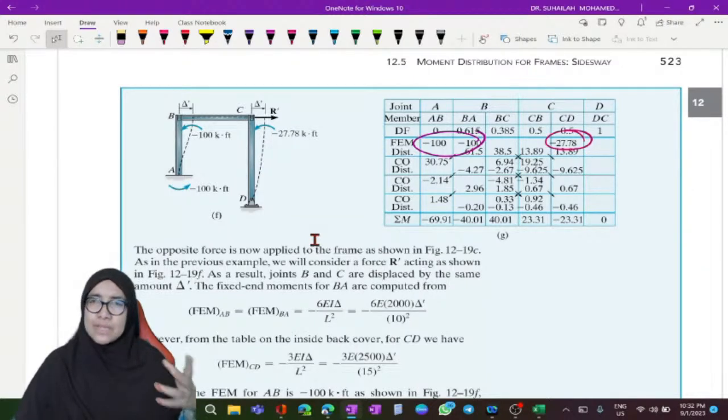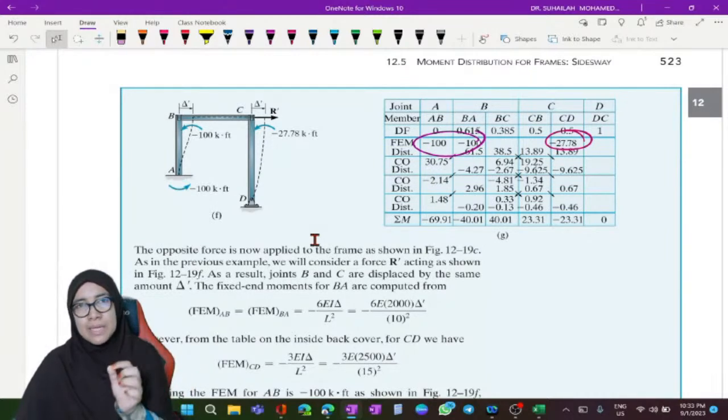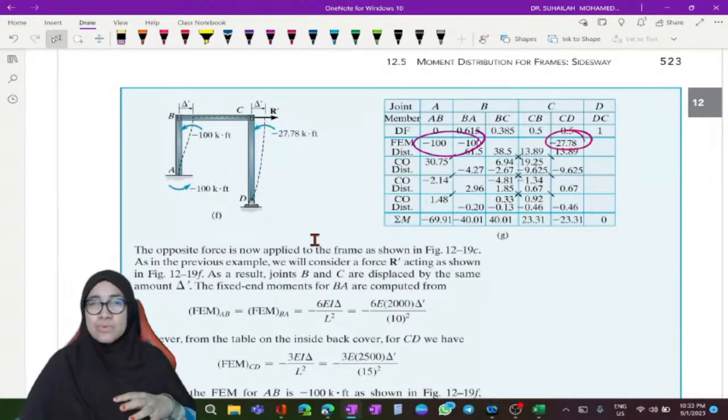I also have a video where I simplify the procedure in determining the FEM due to sidesway, based on the assumption. I use ratio in order to determine the value. So please watch the recording.